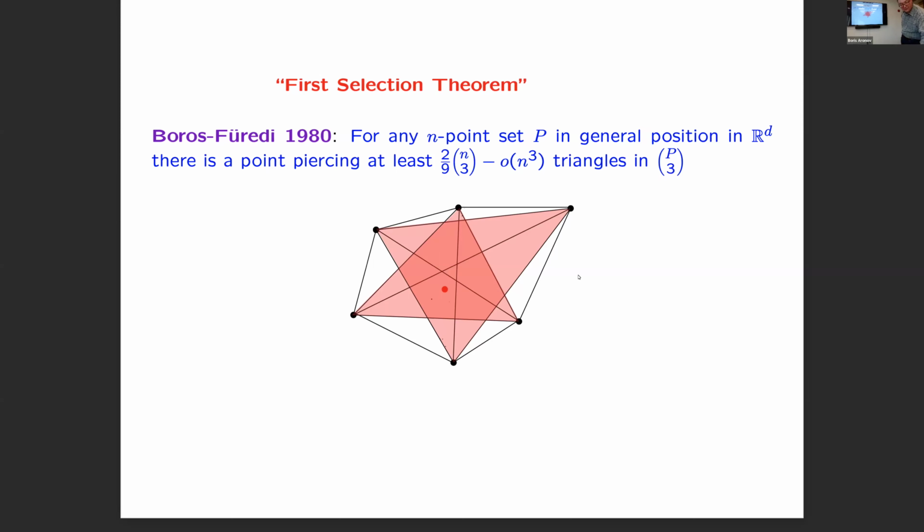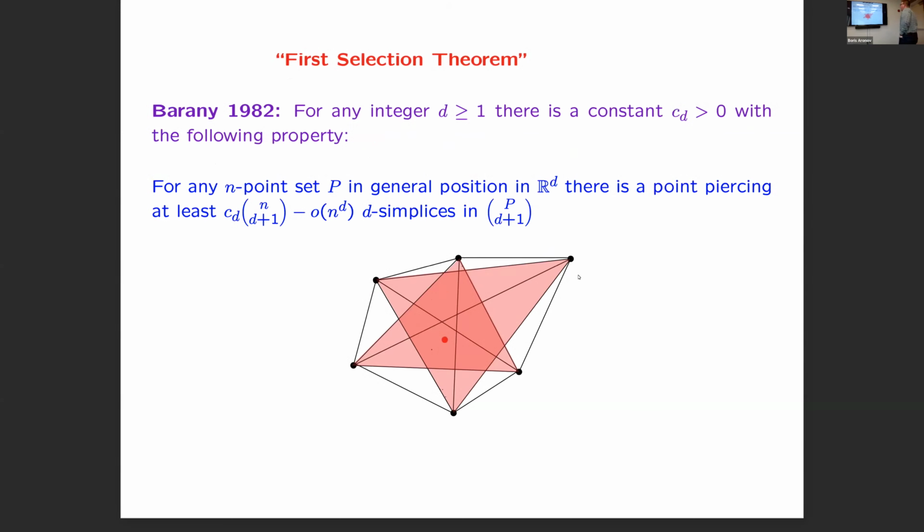It became known as the first selection theorem, and it was generalized by Bárány in 1982 to simplices in arbitrary d-dimensional space.